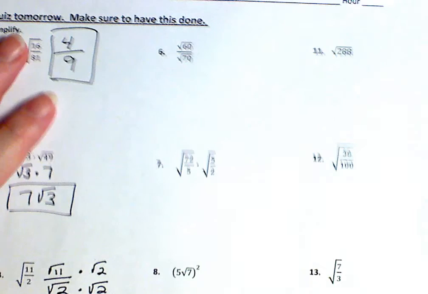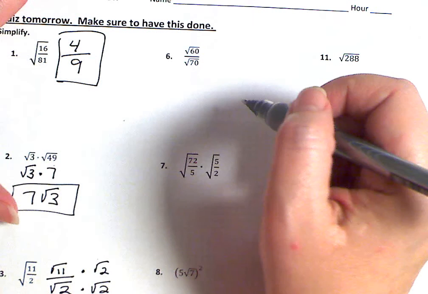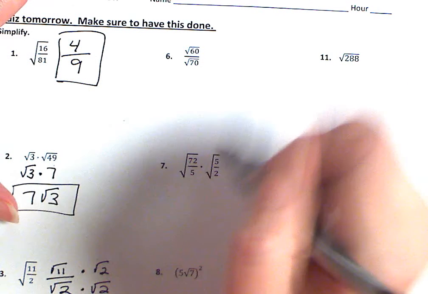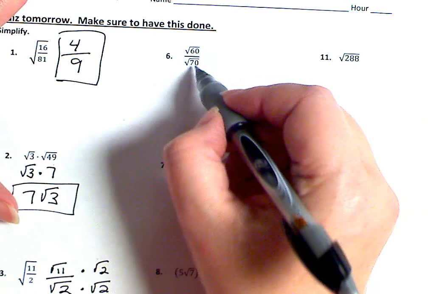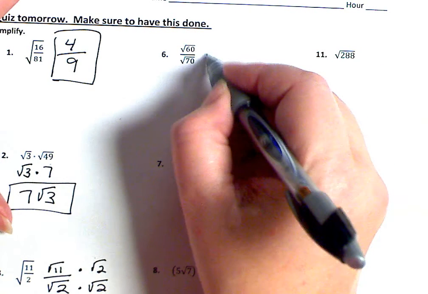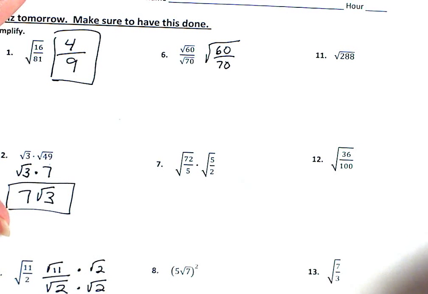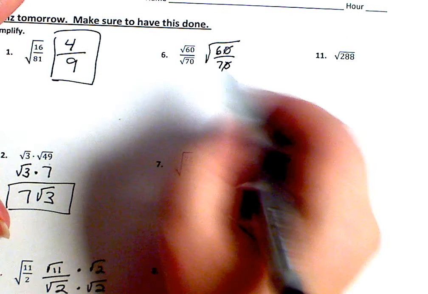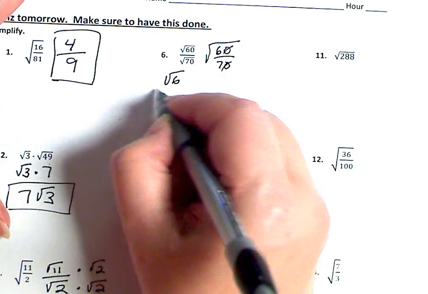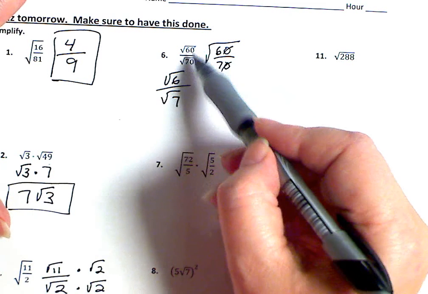All right. Ladies and gentlemen, when you get to a problem like this on the quiz, I will tell you, if you don't do it this way, it will be a lot harder. When you have like 60 over 70, because this is saying like 60 divided by 70, you can put them back together. Reduce first. So I would reduce by 10, so you have the square root of 6 over the square root of 7. So make sure you reduce by 10 first.